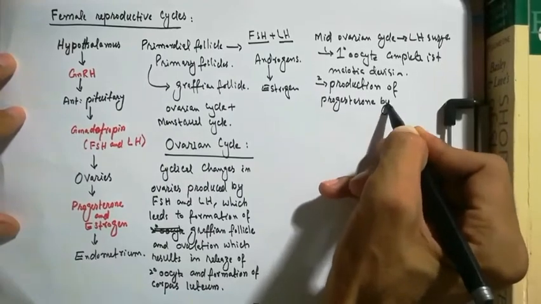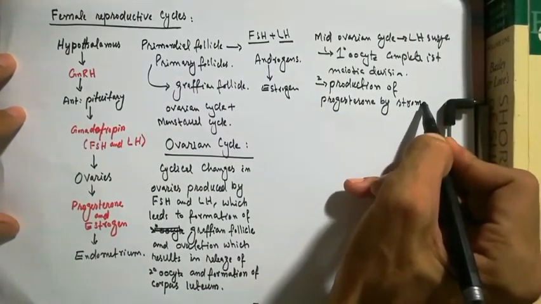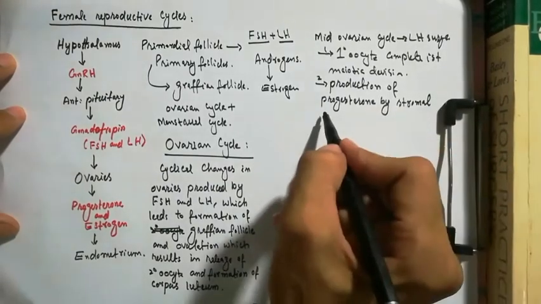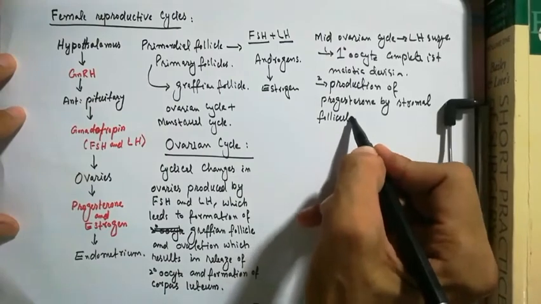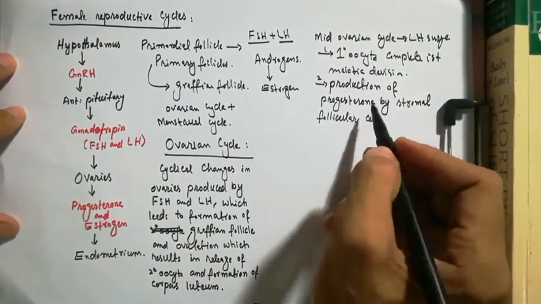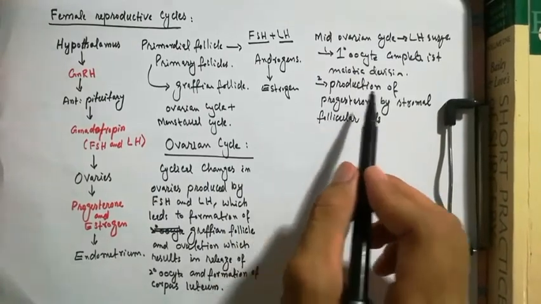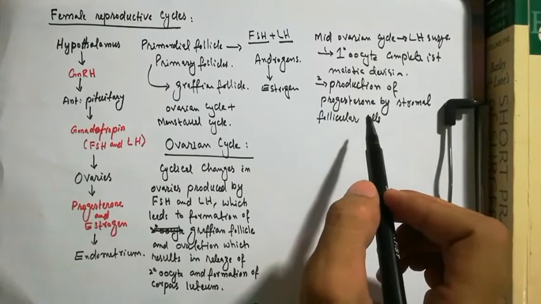Number 2, it stimulates production of progesterone by stromal follicular cells.